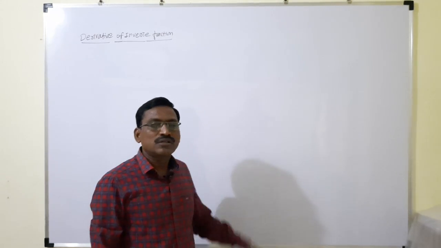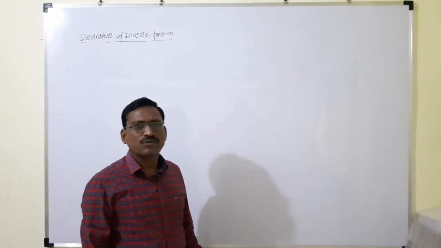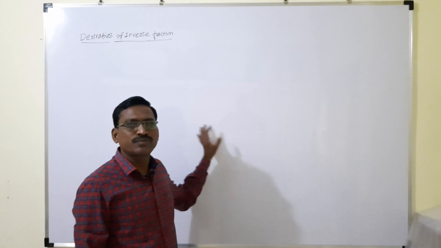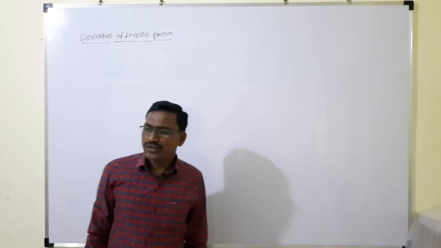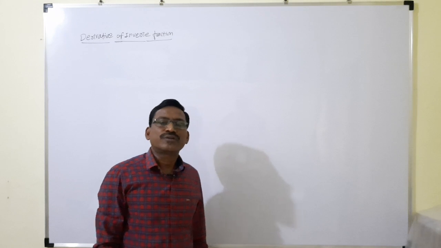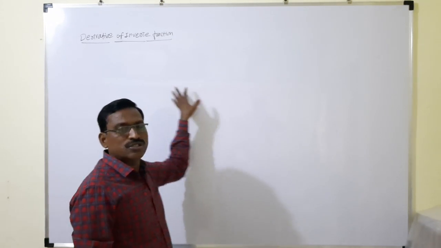In the last lecture we completed exercise 1.1, which depends upon the derivative of a composite function. Today we are going to start the second article of differentiation, that is, the derivative of inverse functions.